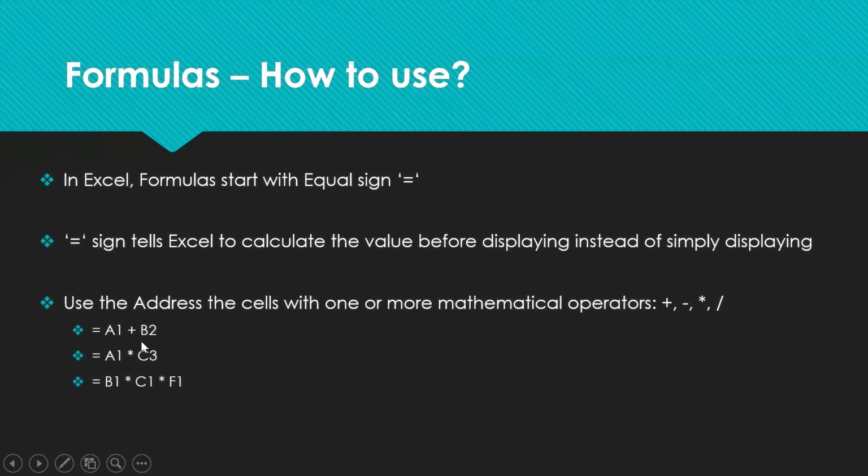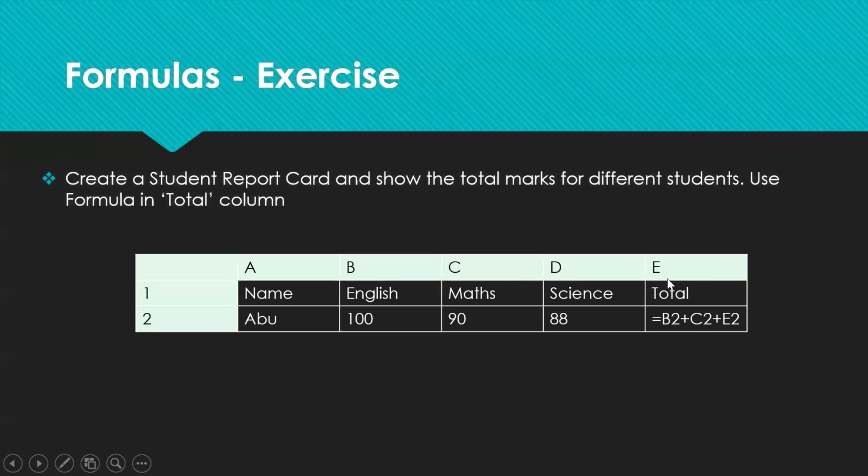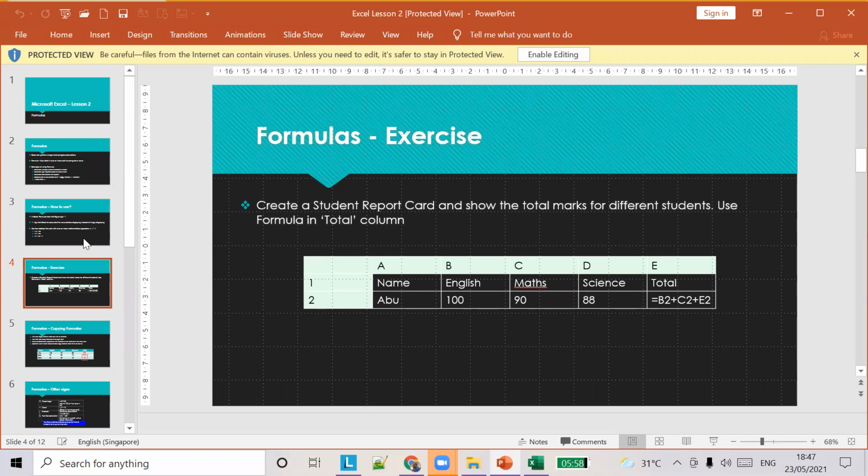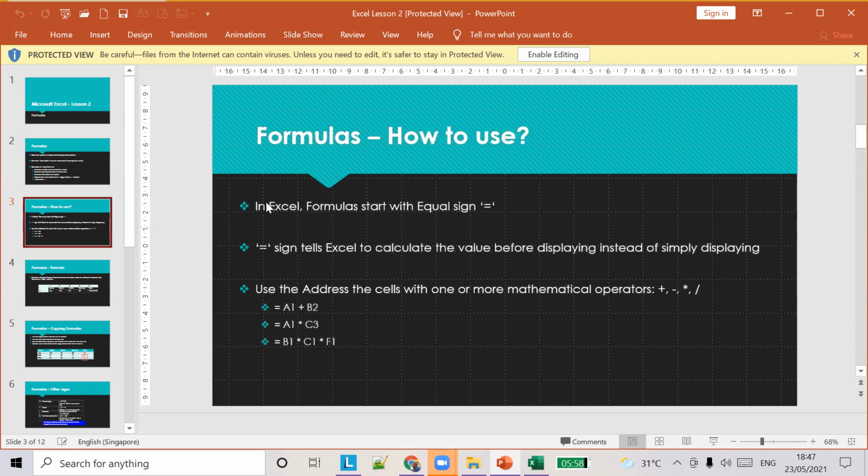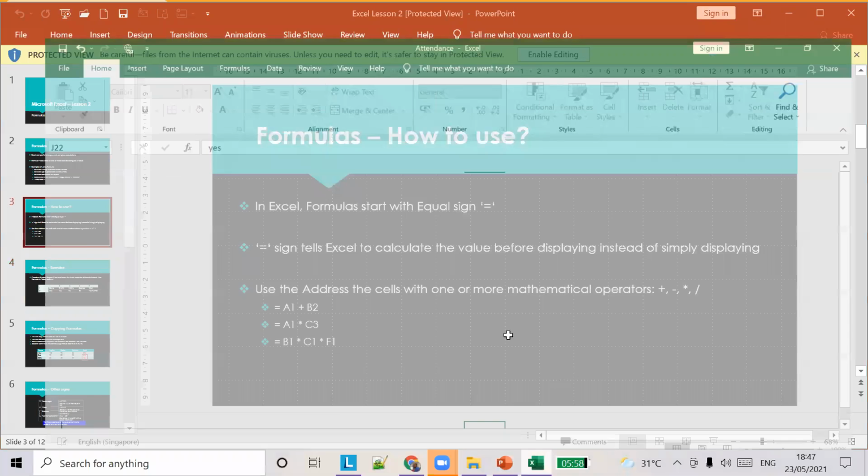This one is to add, this one is to multiply, and the third one is to multiply three cells. These are just examples. We can see that each starts with the equal sign. Maybe we'll try these examples first and see what can be done.